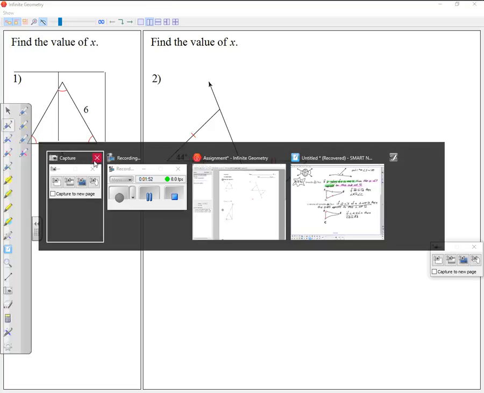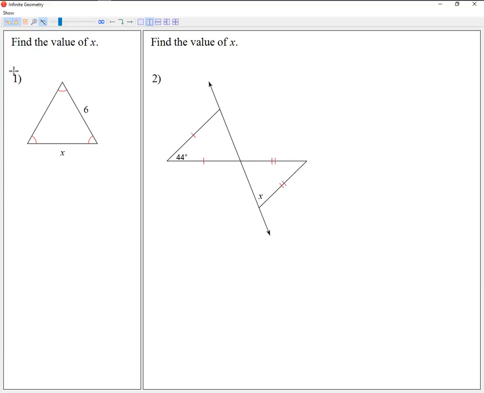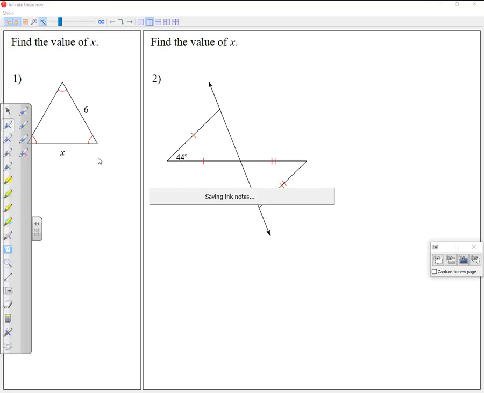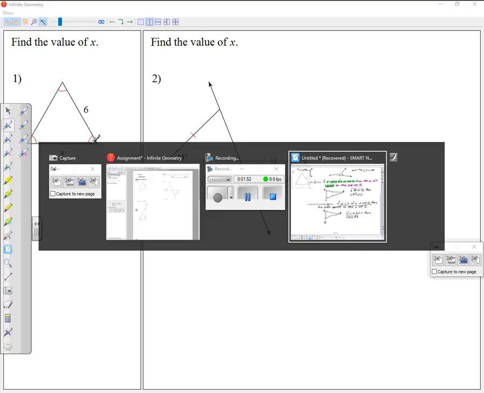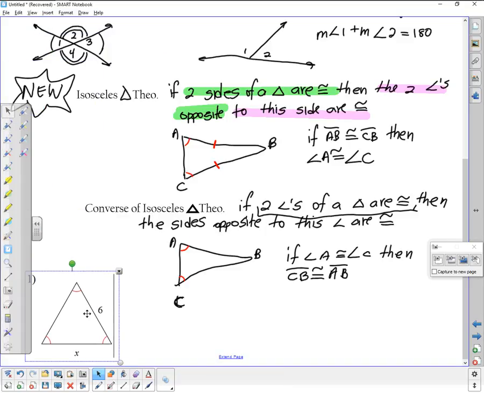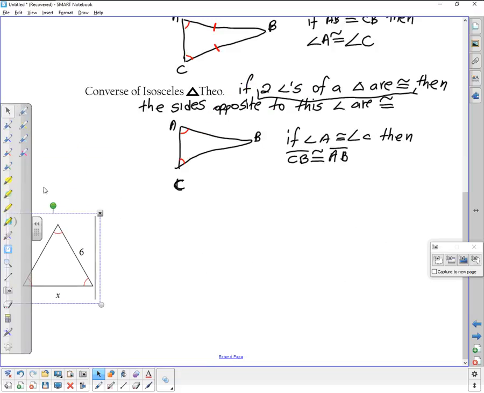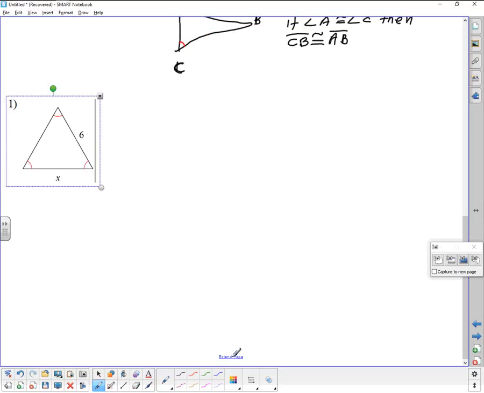I didn't take the picture, let me take a picture. Okay, so they gave me this problem. Let's go to example number one, and the question is find x. Once you find x, you're done with the problem already.